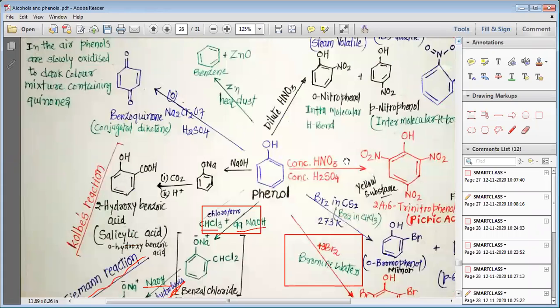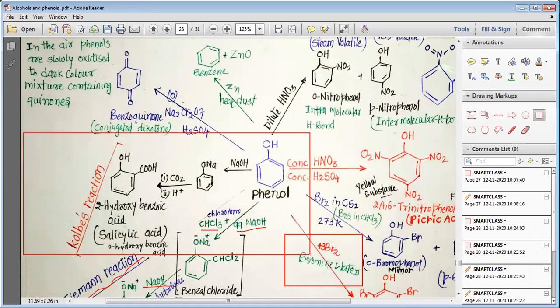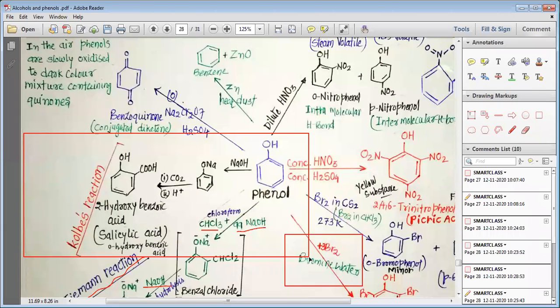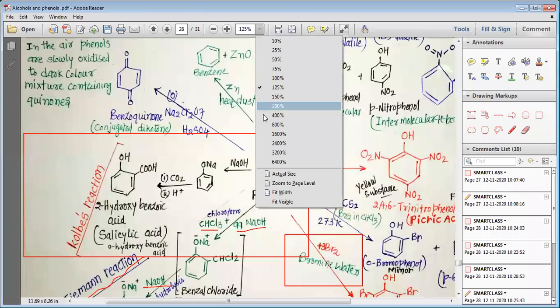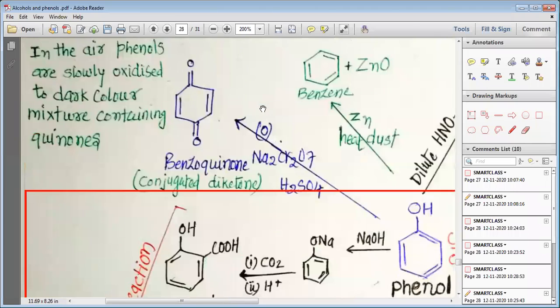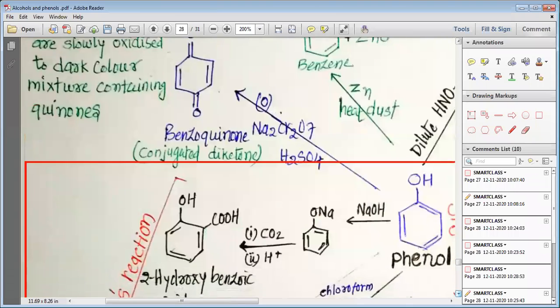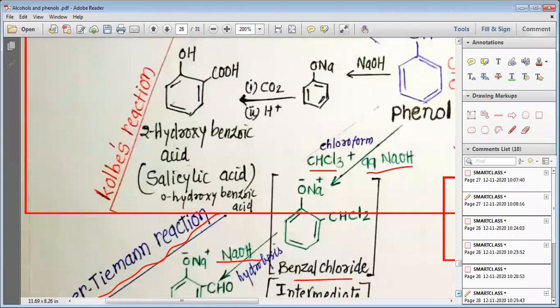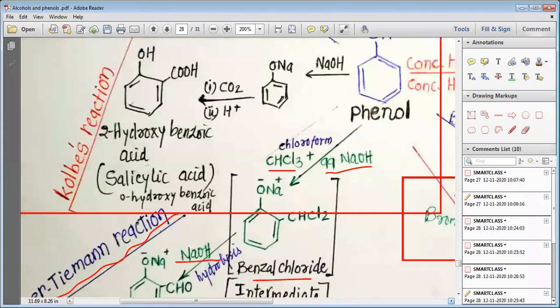Now, my dear students, we are going to study a very important reaction known as Kolbe's reaction. So let's have a look at Kolbe's reaction. Here you can see Kolbe's reaction. During the conversion of phenol into salicylic acid, this Kolbe reaction is used.